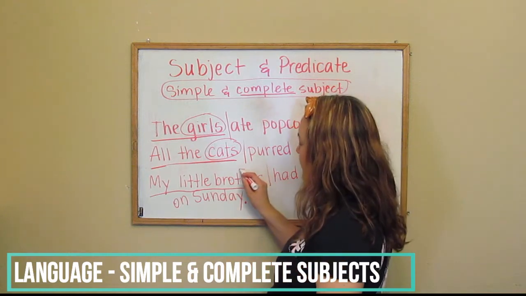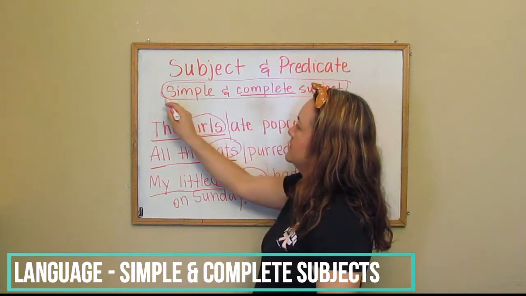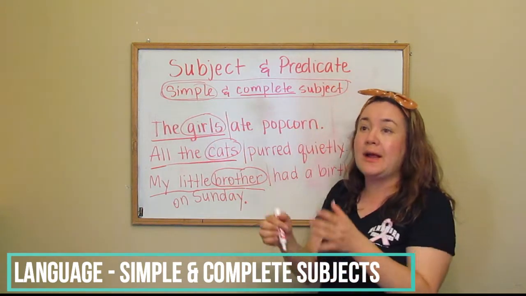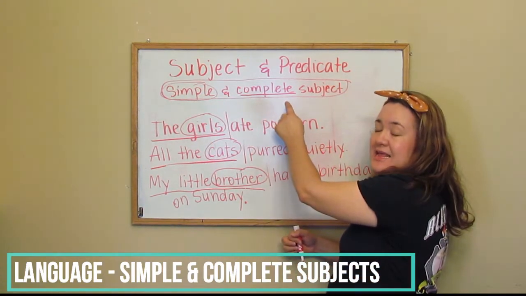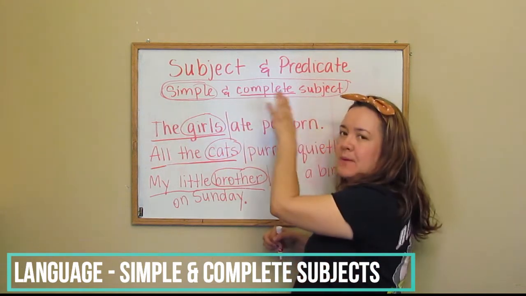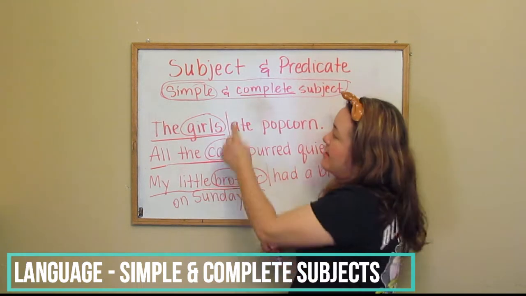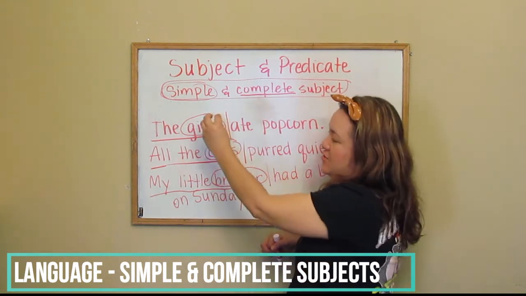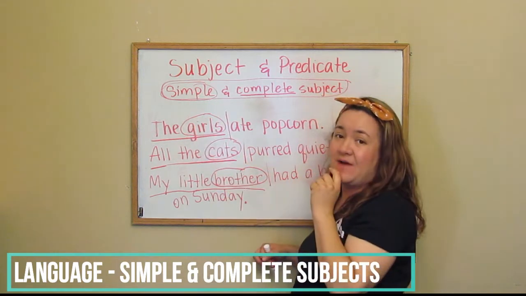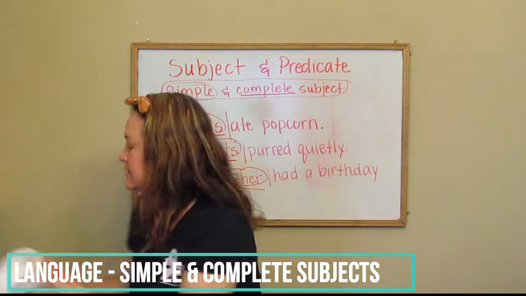So it's probably just going to be brother. Okay, so simple subjects are part of your complete subject. And the way we can find them is drawing those lines. So kind of work backwards. First figure out where our subjects are, then underline your complete, and then you can zoom in and find your simple. Okay, we'll do a couple more examples.